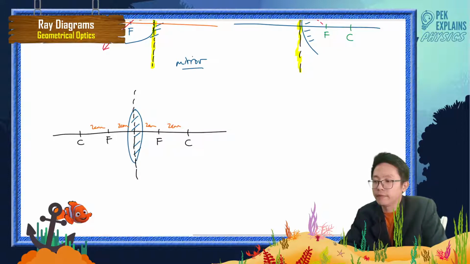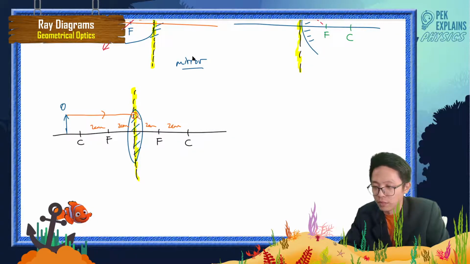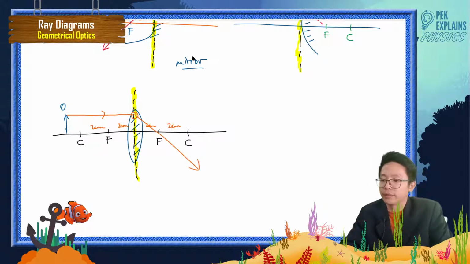If your object is over here, the light comes in parallel and converges at the straight line, converging to the focal point. Understand? Use the straight line.